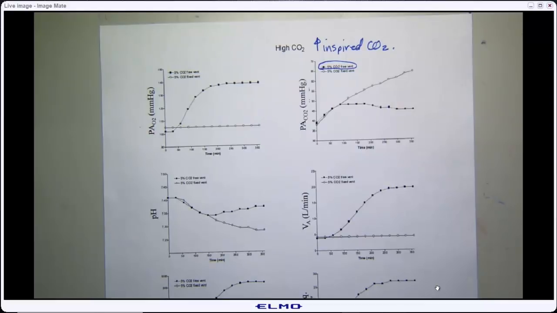So we'd be decreasing ventilation, but remember, if we're going to decrease ventilation, we had to have perturbed the body to do that, right? So how do you change CO2 in the blood? You have to change alveolar CO2, right? That's the compartment that we are equilibrating with. So the question here then would be, did alveolar CO2 change when we increased inspired CO2?